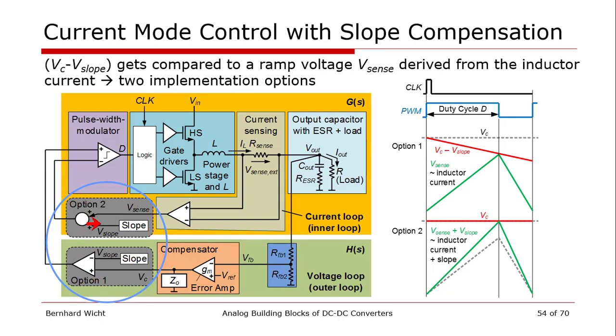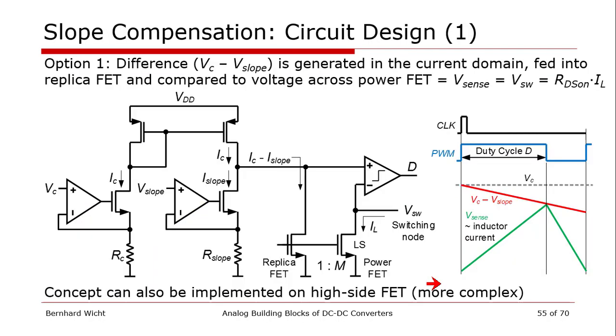There are two options. Either we subtract or we add a slope to the ramp signal that we sense from the inductor. There are also some interesting design implementation examples. I suggest that we just briefly look at it and basically skip it for now.